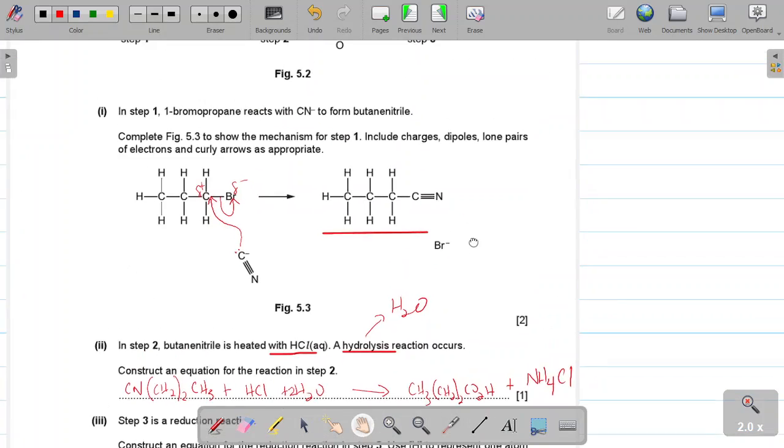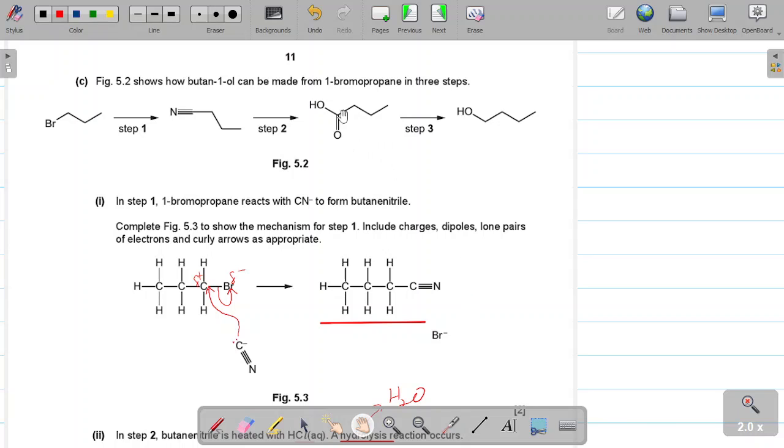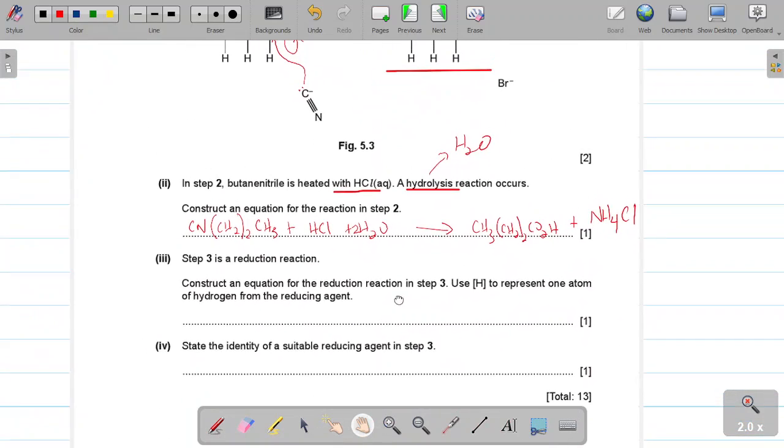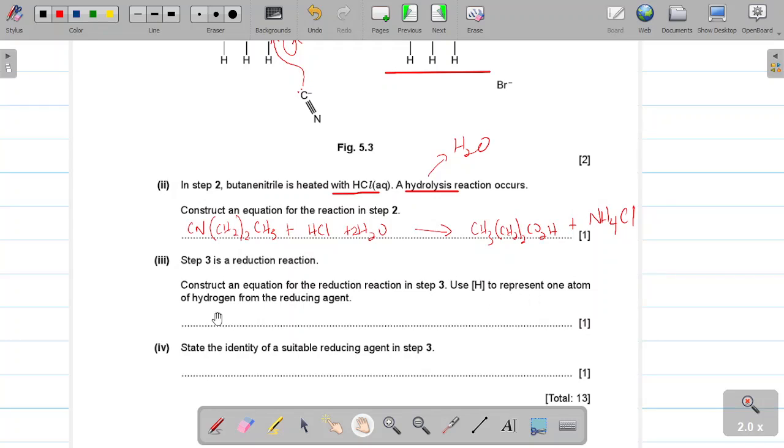They tell us that step 3 is a reduction. So it's a reduction of the carboxylic acid, the COOH group, to a primary alcohol. Construct an equation for the reduction in step 3. Use H to represent 1 atom of hydrogen from the reducing agent.